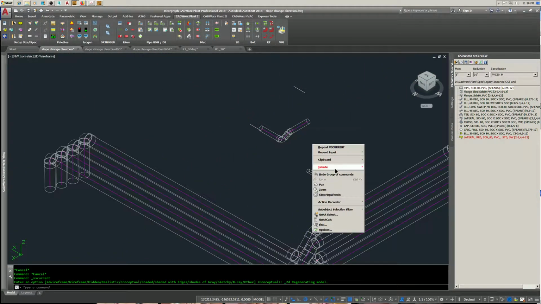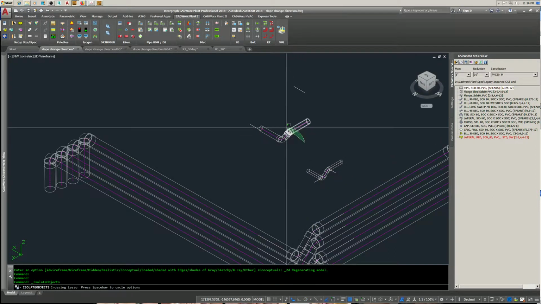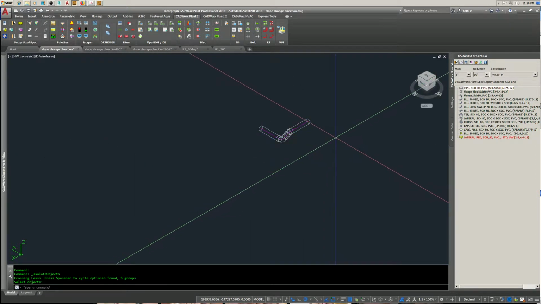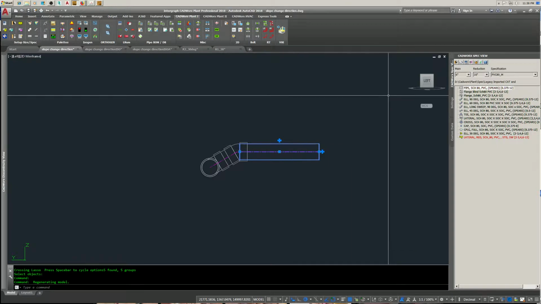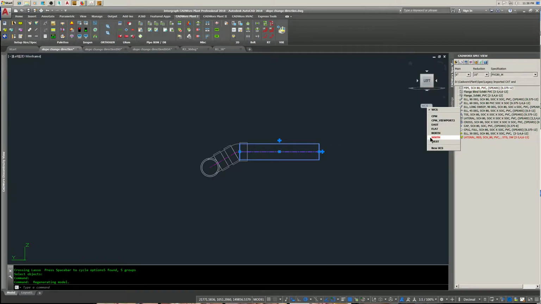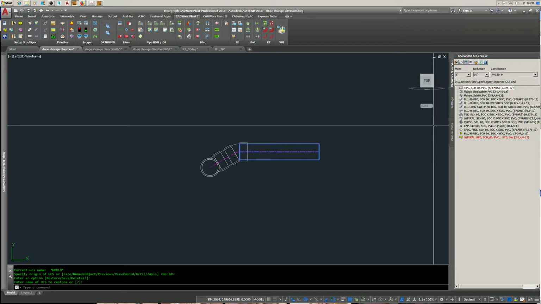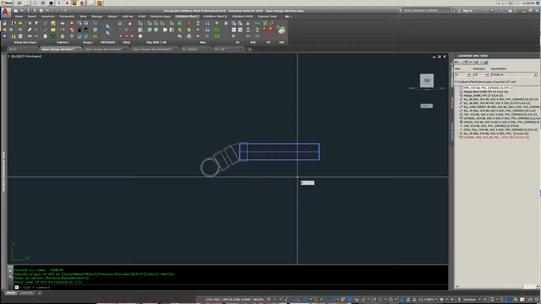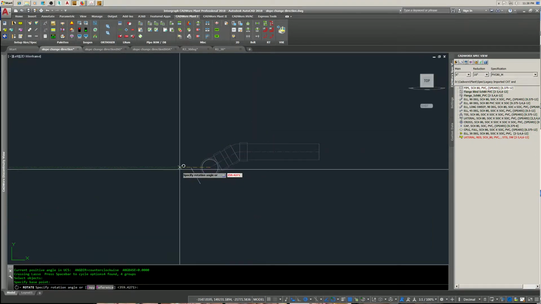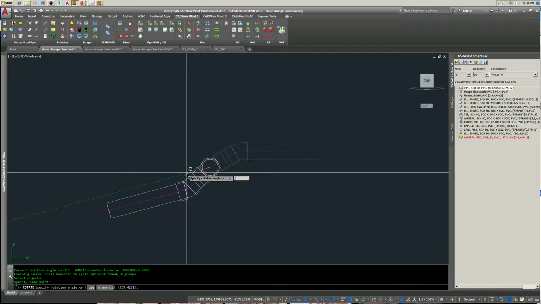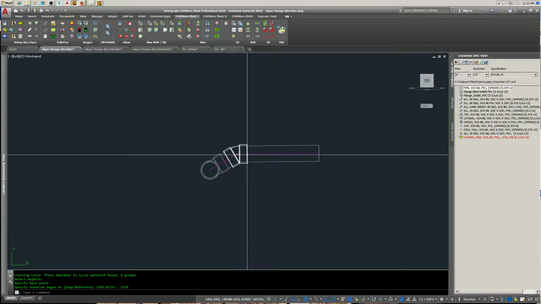We'll isolate this. First thing we'll do is rotate that to a 1% slope. We've got to get on the XY plane here. Left is looking east. Rotate all of that. Right. 0.5729, enter. 1% slope on that.